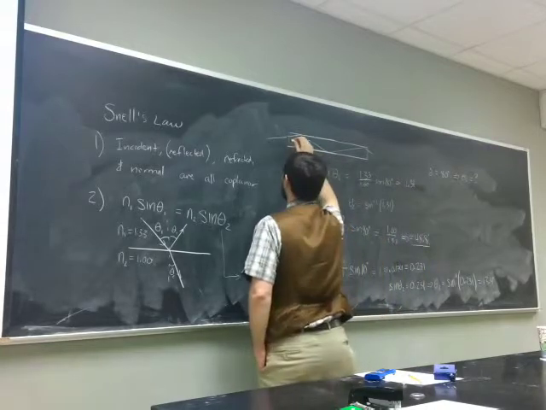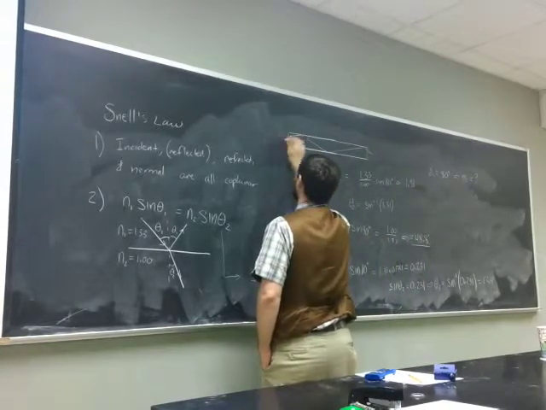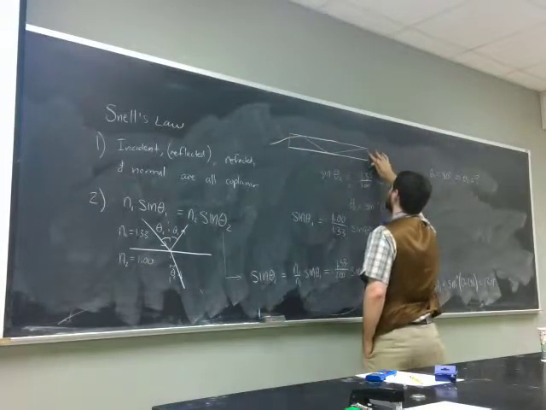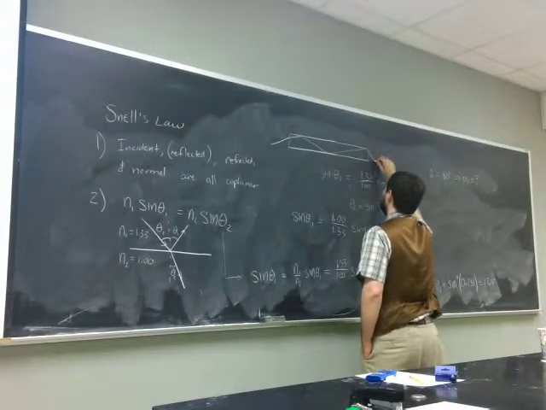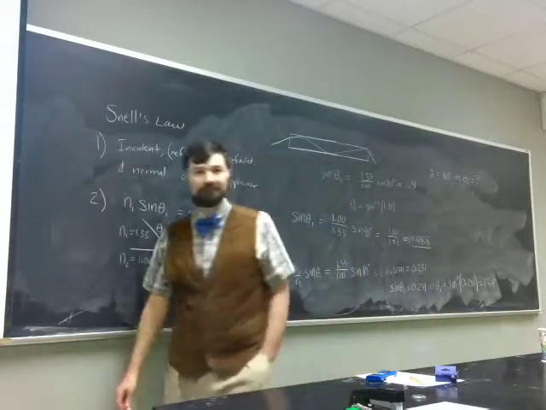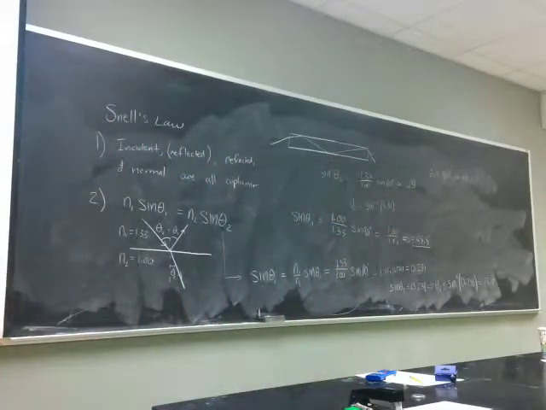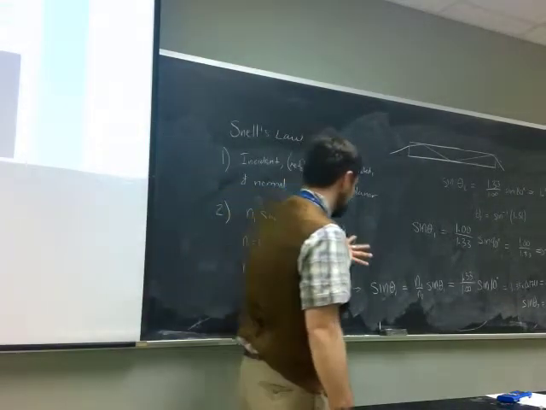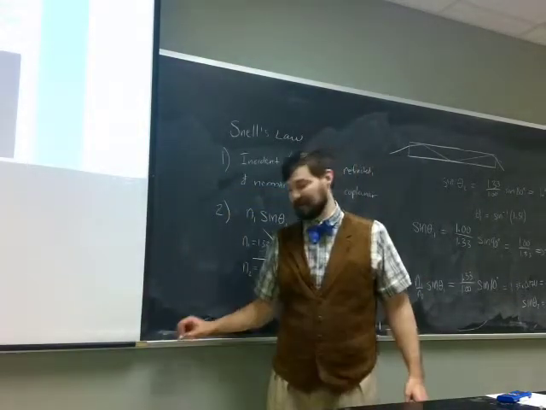And then it basically can come out. I guess I should probably draw it as actually refracting somewhat at the output. So fiber optics actually makes use of this total internal reflection phenomenon.